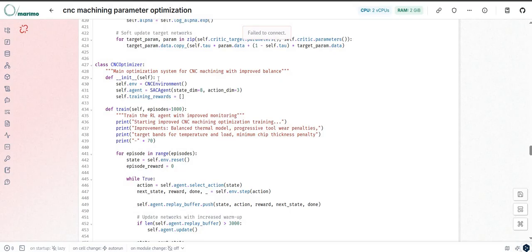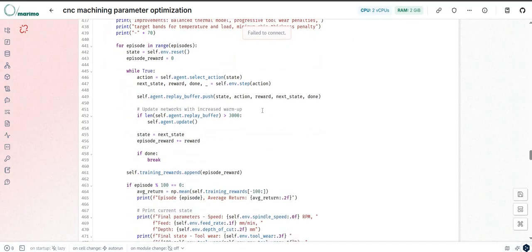Inside each episode, we reset the environment and keep track of the cumulative reward. Then, step by step, we let the agent select an action, apply it to the environment, and store experience into the replay buffer. And once the buffer has more than 3000 samples, the agent starts updating its networks using the function we just explained.